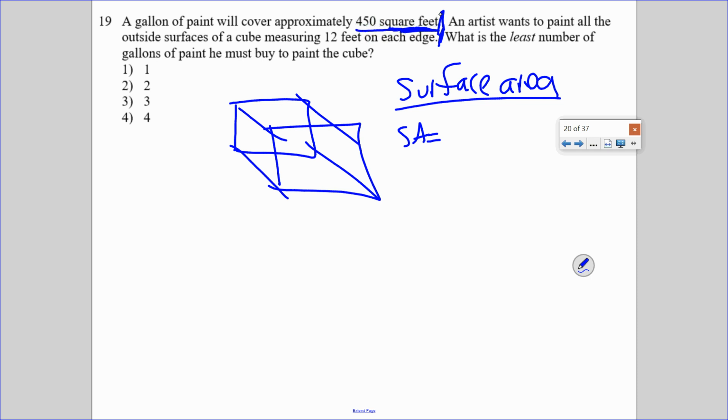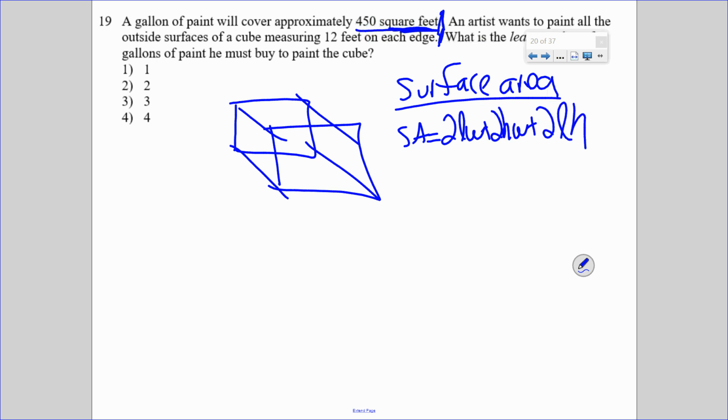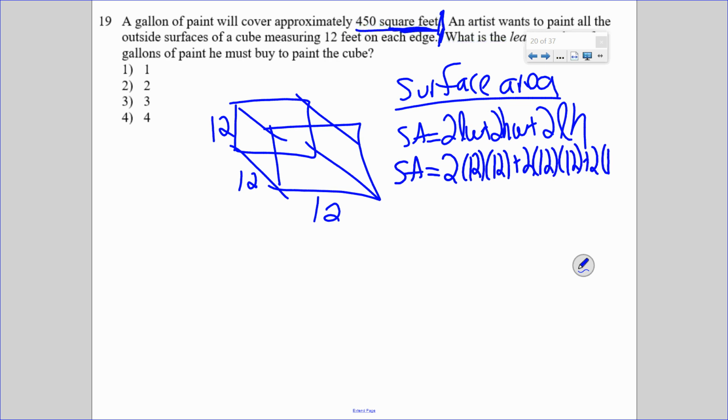SA equals 2LW plus 2HW plus 2LH equals the surface area. Now, it's a cube, so they're all 12. So it's going to be 2 times 12 times 12, plus 2 times 12 times 12, plus 2 times 12 times 12.